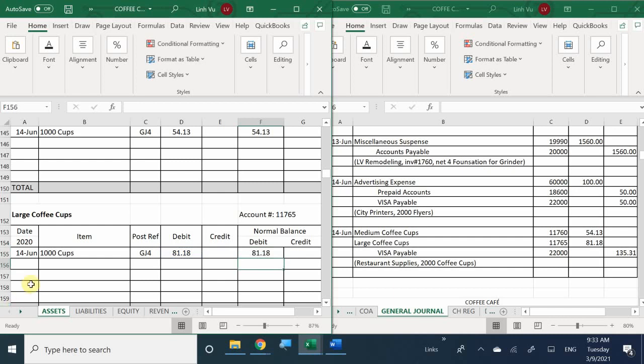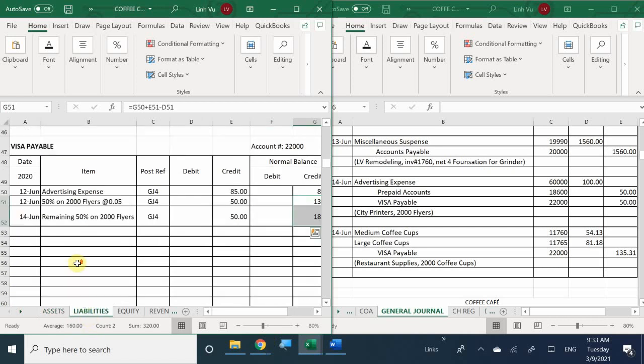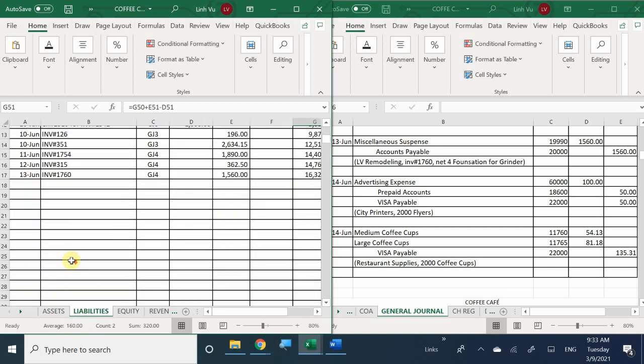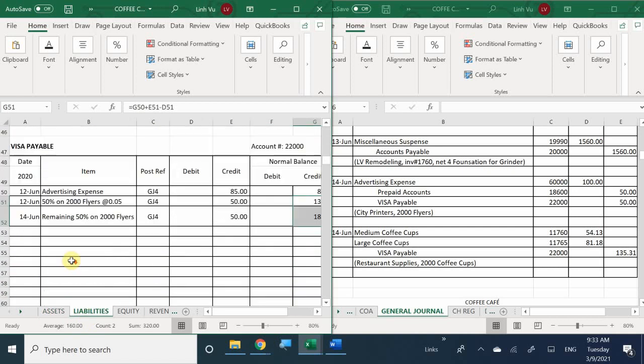Then we got to go update our credit card because we placed another credit card purchase here. So here, 14, I bought 2,000 coffee cups.